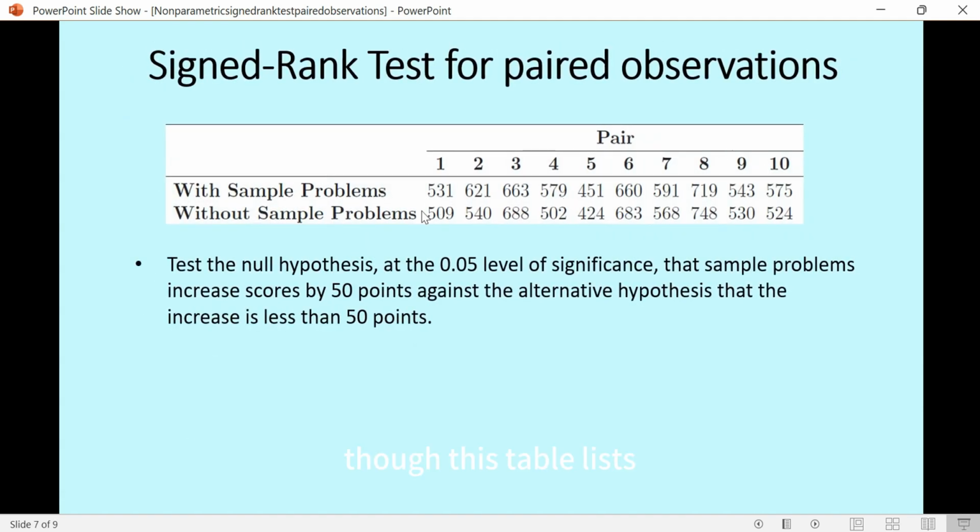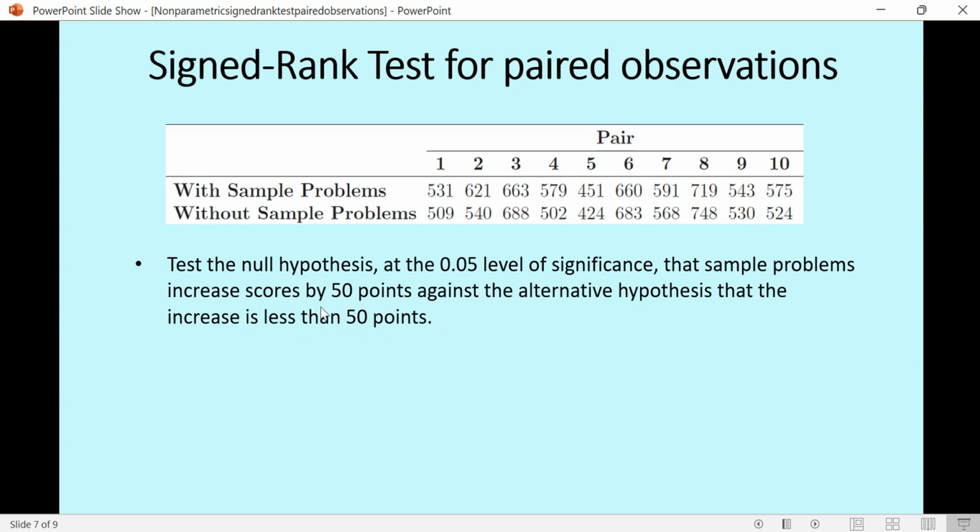So this table lists 20 observations, 10 of them with sample problems and another 10 without sample problems. This is the result of the final grade score. The question is to test the null hypothesis at the 0.05 level of significance that sample problems increase scores by 50 points against the alternative hypothesis that the increase is less than 50 points.